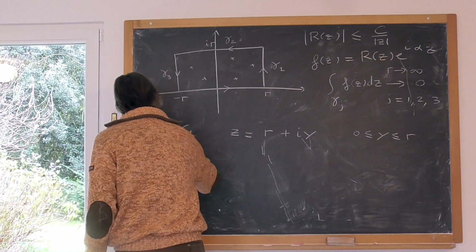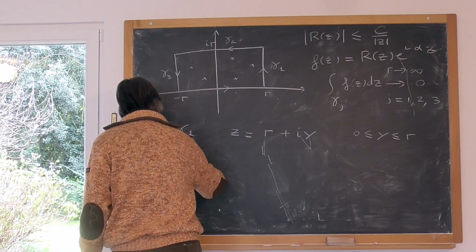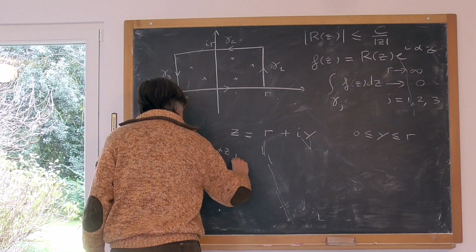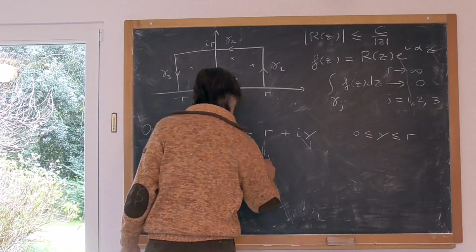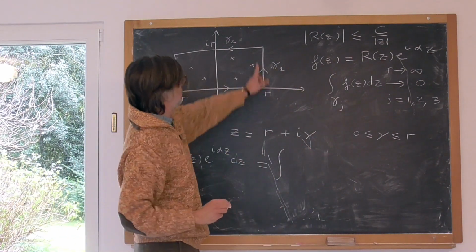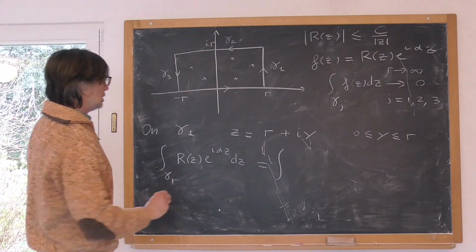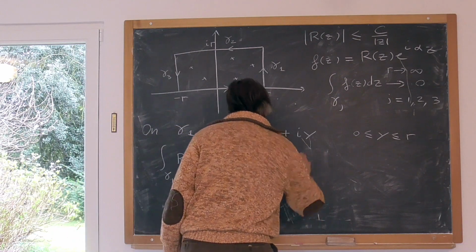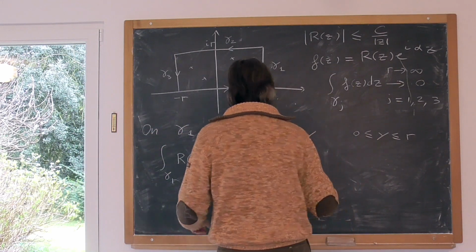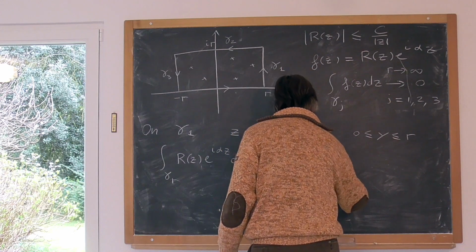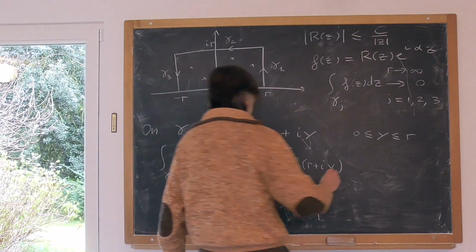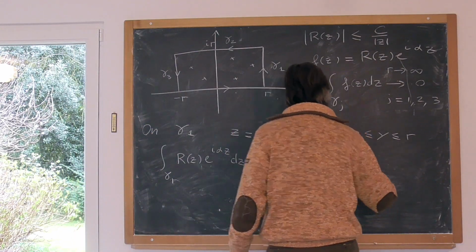So the integral over gamma 1 of our function R(z) e to the I alpha z dz. This line integral is nothing else but an integral in dy, so this is the integral between 0 and r, and here I should write R of r plus I y.